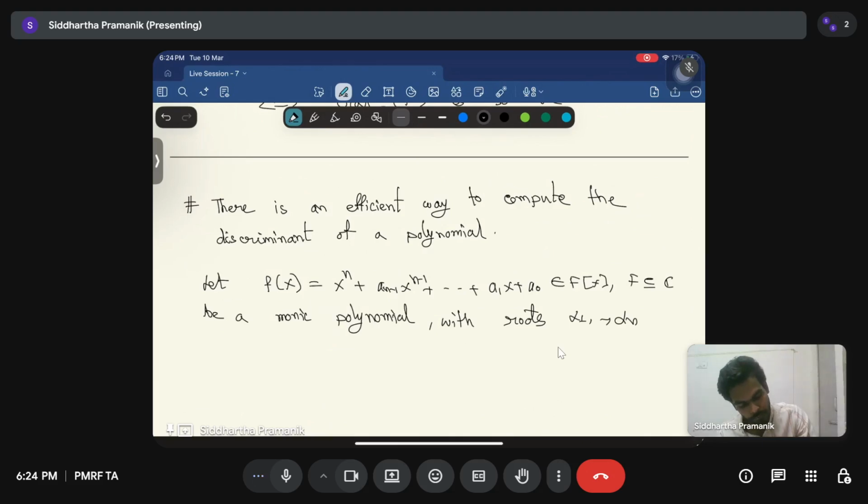Then the resultant of... okay, let me write this down as a fact, because I am not using the general definition, so I will just directly write down the results.